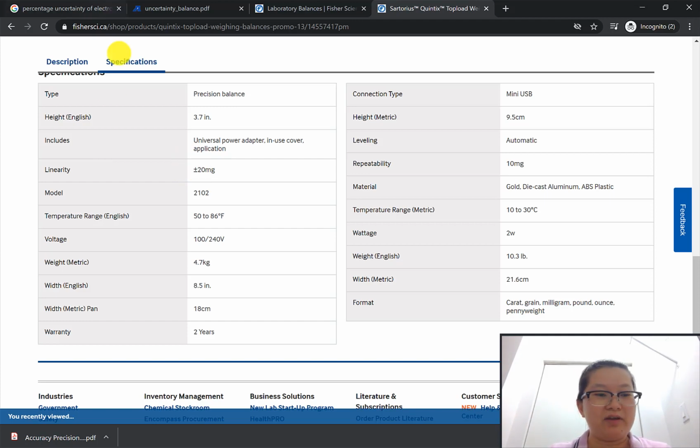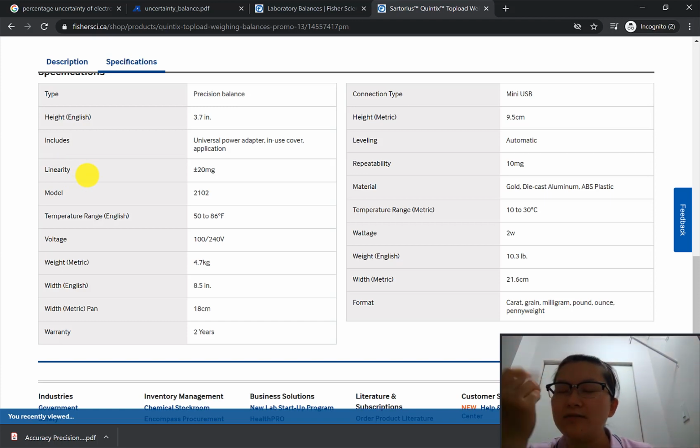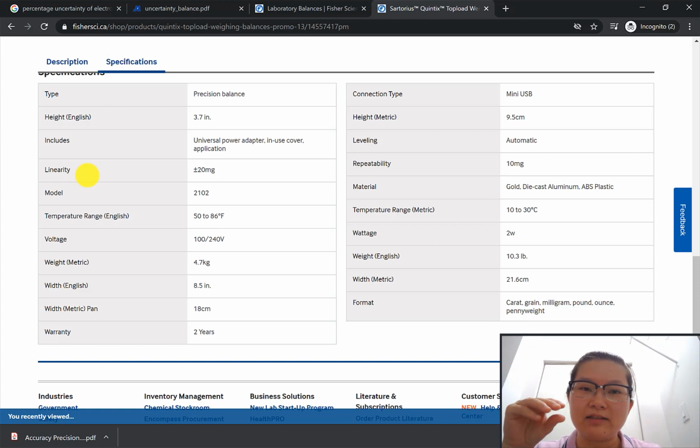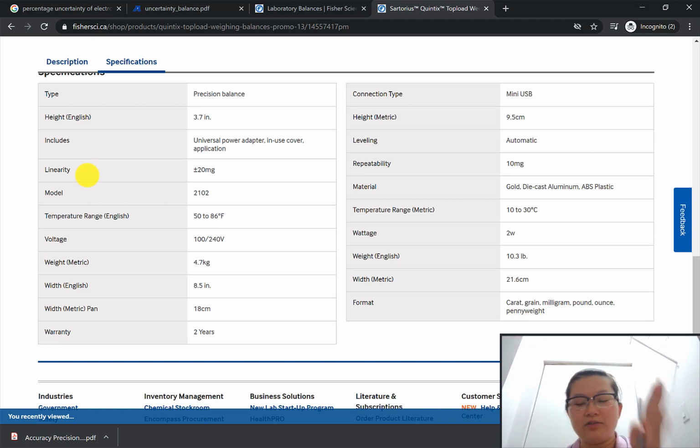But we got to be careful when you use these numbers. For linearity, it actually has something to do with the reading sensitivity of the mass balance, depending on how much mass you use, if it's closer to the minimum capacity amount that the scale can take versus the maximum.